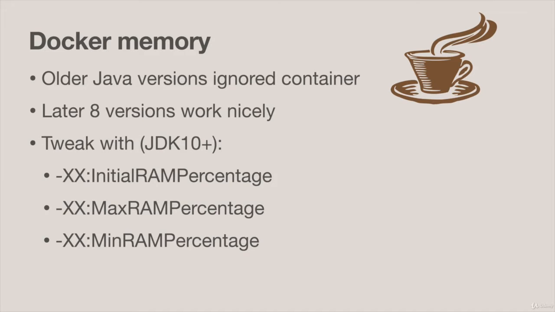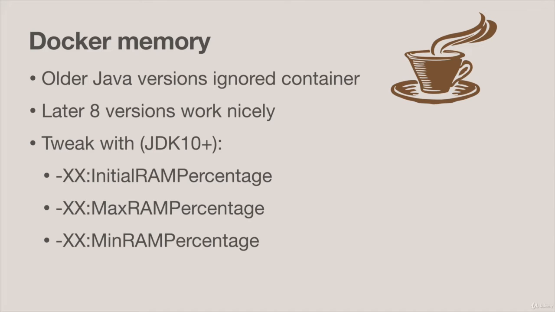We learned in the JVM ergonomics section that most JVM memory settings happen automatically based on the resources of the host. If you're using an old version of Java, so prior to Java 8 update 131, all of those ergonomics will be based off the host memory, not the amount of memory that you give to your container.